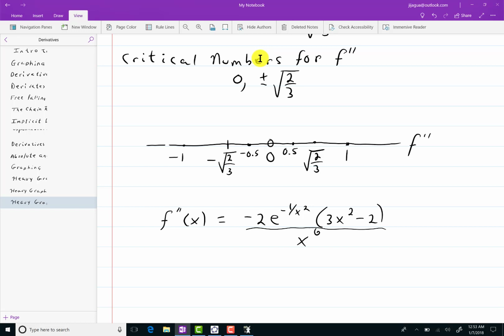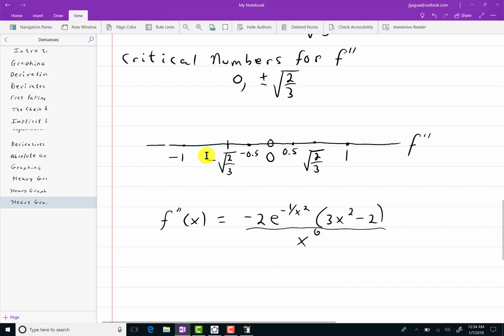The reason why I like this version of it is because no matter what, x to the 6th is a positive number. I can't plug in 0. e to the -1 over x squared is a positive number. So they have no bearing on what I'm going to get as far as signs are concerned. All I have to worry about is whatever the sign of this is, I'll take the opposite and that'll be the correct sign.